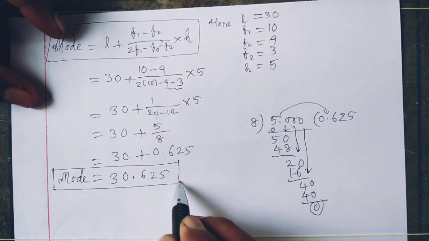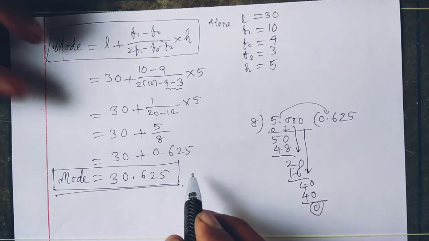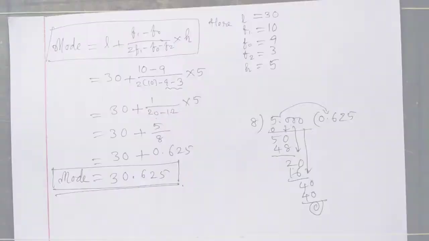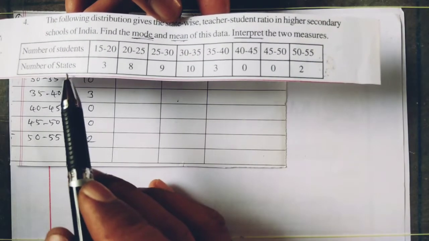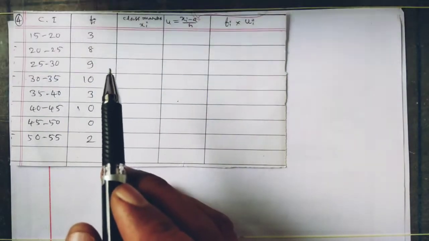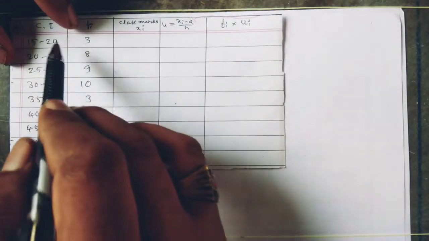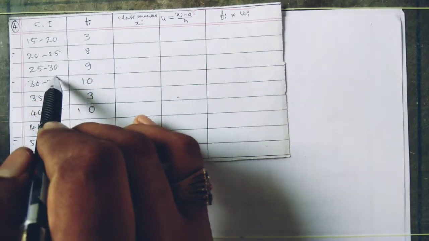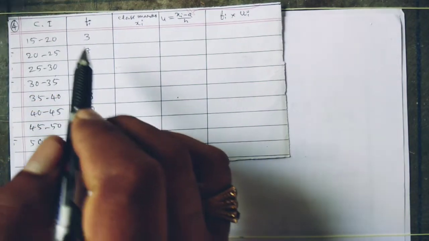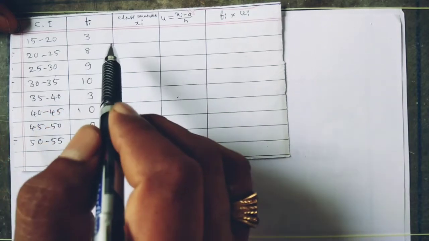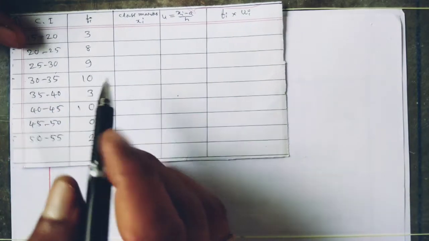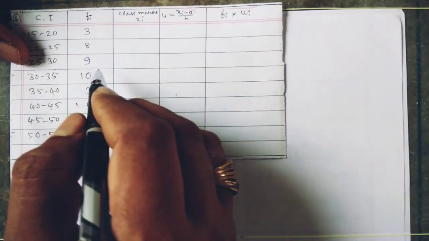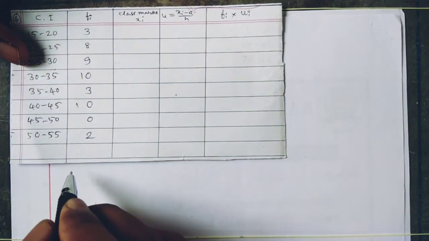So one answer is completed. Next we have to find the mean of the data. To find the mean of this data, we have to draw columns: number of students and number of states, class intervals, frequency. We find the mean by the step deviation method.